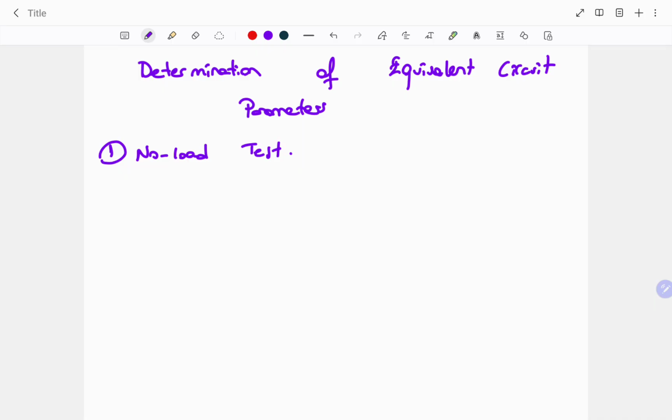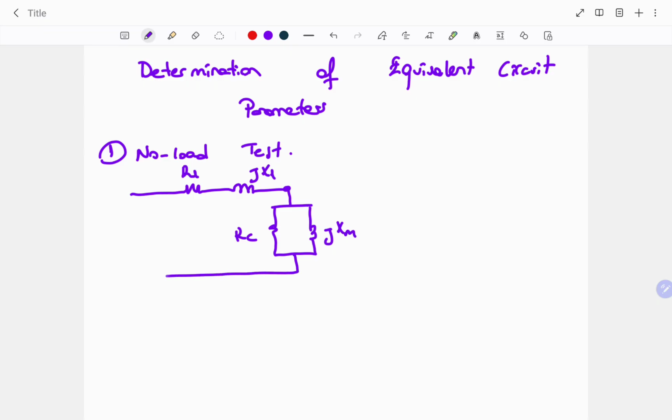When we remember the equivalent circuit, we have R1, X1, and with the excitation branch, we have RC and XM, and these four parameters represent the stator components.